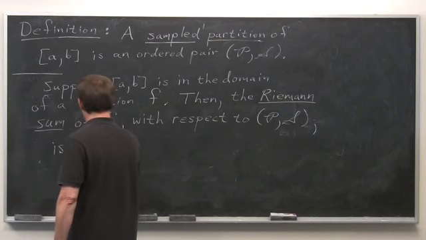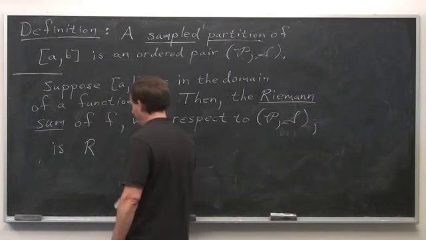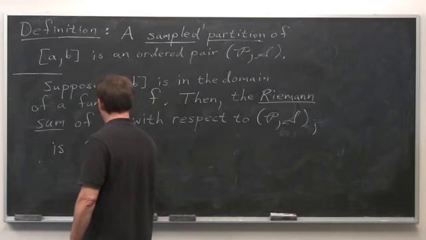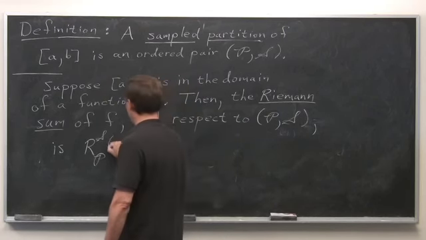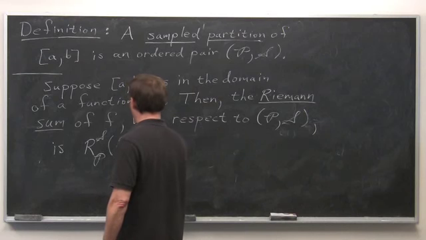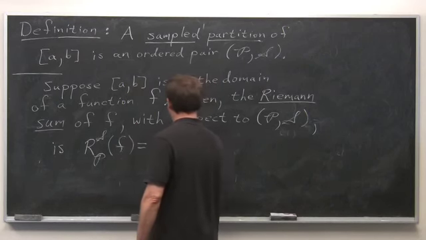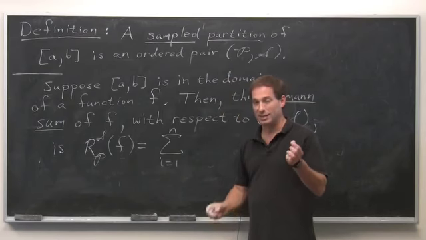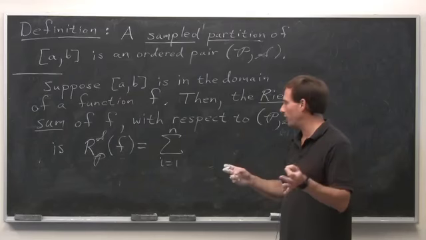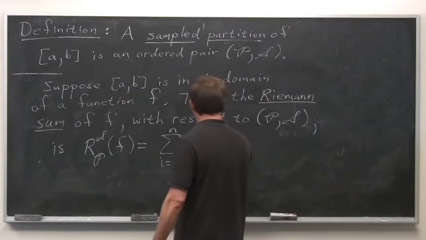Well, first notation, kind of a fancy R. I'll superscript by the sample set, subscript by the partition, put the f here, and it is, by definition, the sum as i goes from 1 to n. I'm still assuming our partition has n plus 1 elements, x naught through xn. You do what we did.